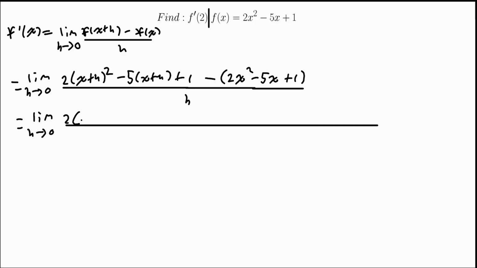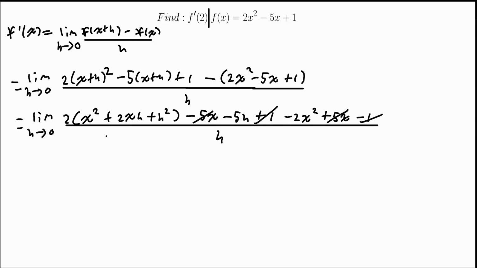Of 2 times, this is a perfect square, so the formula will be x squared plus 2xh plus h squared, minus 5x minus 5h plus 1, minus 2x squared plus 5x minus 1. And immediately we'll notice some things cancel out. This will cancel out, and this will cancel out. The ones will cancel out.